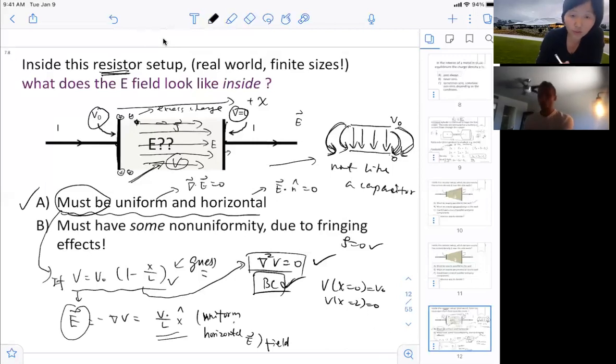Those are actually true. We don't need that argument to say why it has to be uniform and horizontal, because we just answered that using Ohm's law and the uniqueness theorem. But as a conclusion, we can explain that it looks a little different from a capacitor because built-up charges on the surface of the resistor help shape the electric field this way. Okay, so the answer is A.